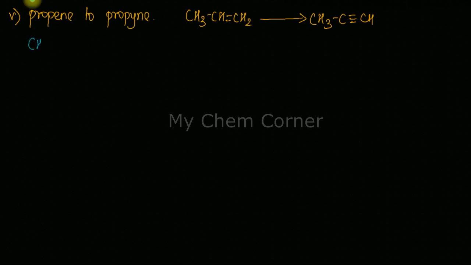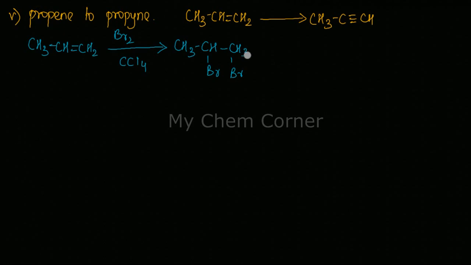Alright, so let's see how it is. So here I'm going to have double bond CH2. Now I'm going to do Br2 in CCl4. When I do that, Br will get bonded on both the carbons, breaking that double bond. Okay, now further, when I add alcoholic potash, I'm going to have a beta elimination here.